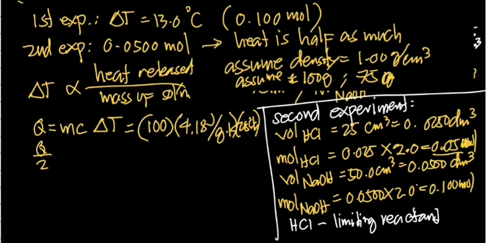Okay. Then we get the ratio of this. So this is Q equals MC delta T2. We're interested in delta T2. Then we just get the ratio of them.